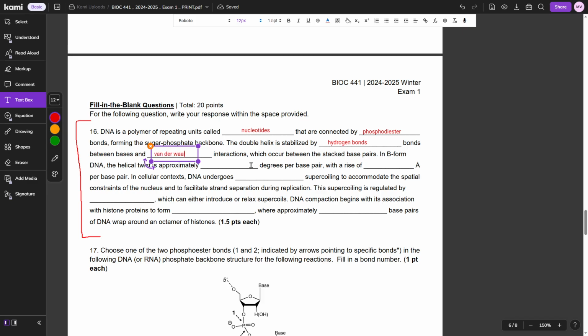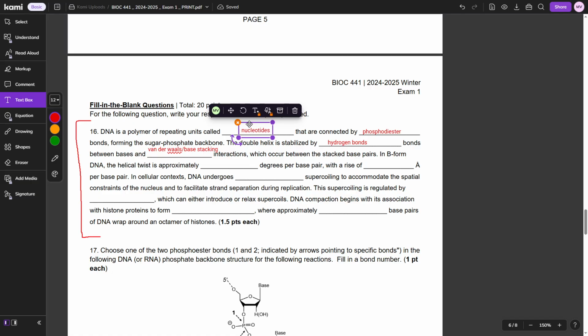I think you could probably say base stacking. Base stacking is probably a good answer as well, but either one of those is okay. I wouldn't say hydrophobic interactions because that is a little bit too vague. I know there's only one type of hydrophobic interaction really in DNA, but we want to be specific here.